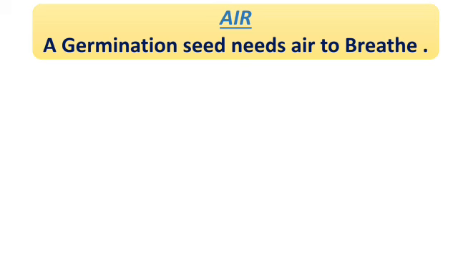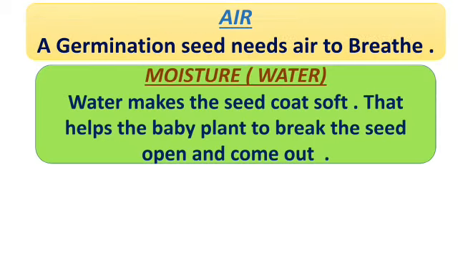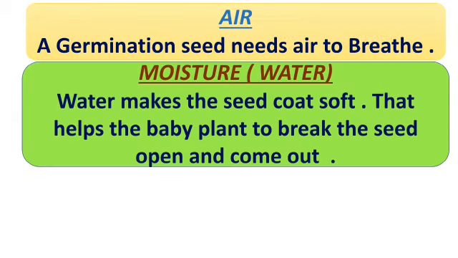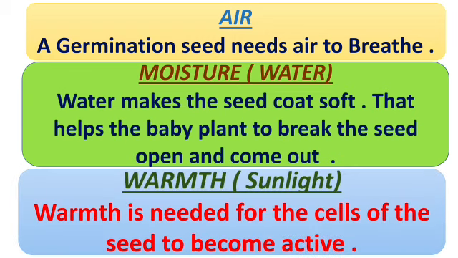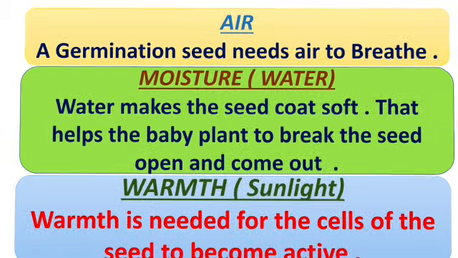Why is air necessary? Because a germinating seed needs air to breathe. Moisture, it's water. Water makes the seed coat soft, which helps the baby plant to break the seed open and come out. Next is warmth, that is sunlight. Warmth is needed for the cells of the seed to become active.